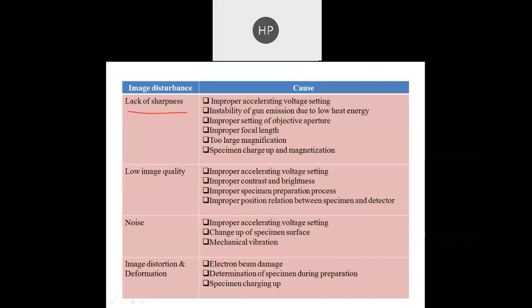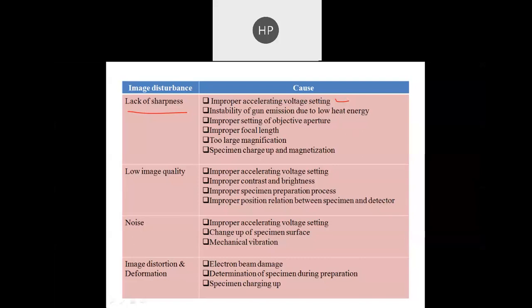Because of improper accelerating voltage setting, because the electrons strike with a high energy. That is possible only if the electrons are accelerated, and to accelerate them we have to set a proper amount of voltage. If it is not properly set, we can have this problem of sharpness.